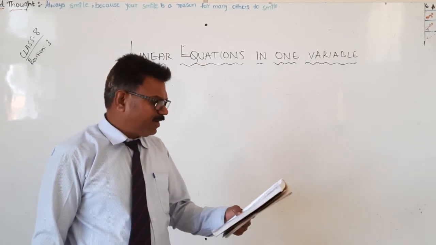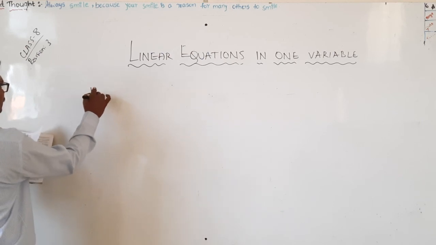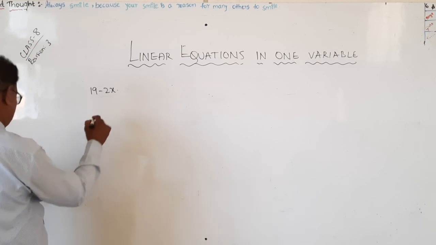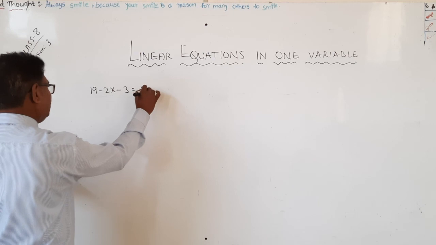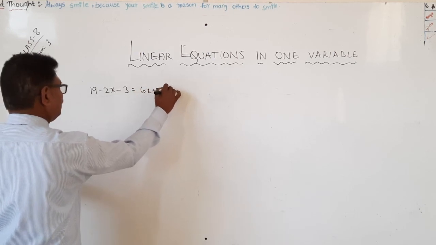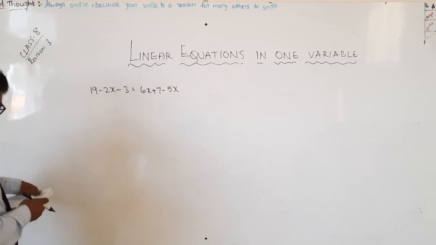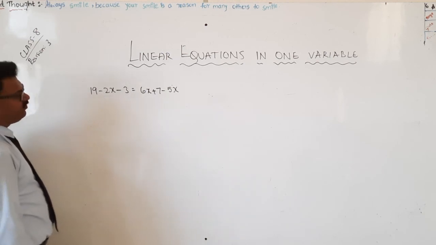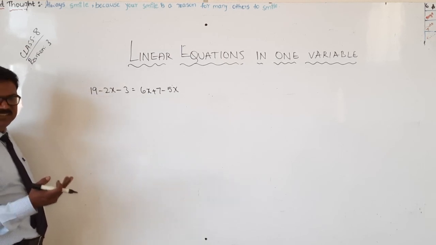Yes, some more problems. 19 minus 2x minus 3 is equal to 6x plus 7 minus 5x. So very simple. First we will make all the x on one side and all numbers on the second side.